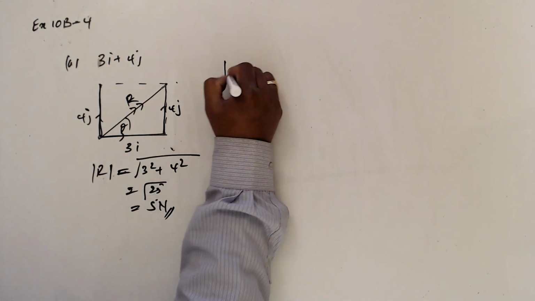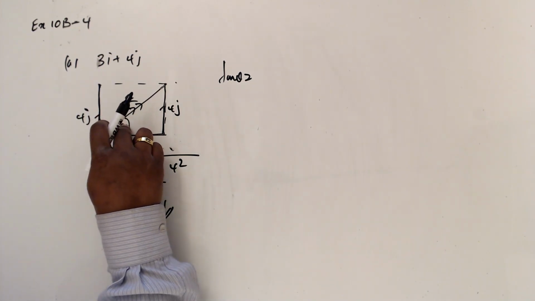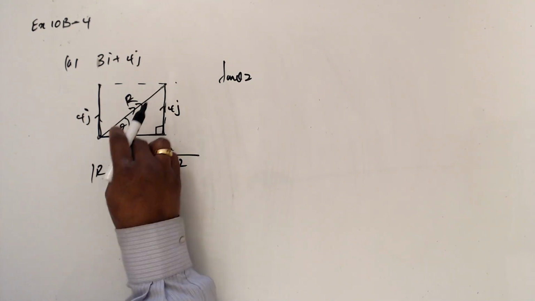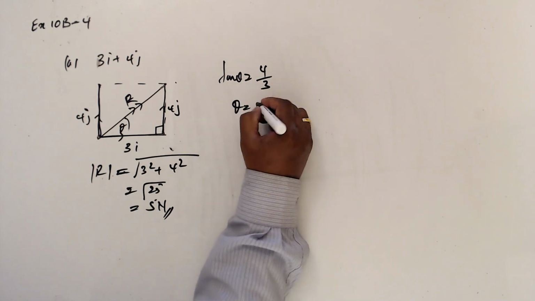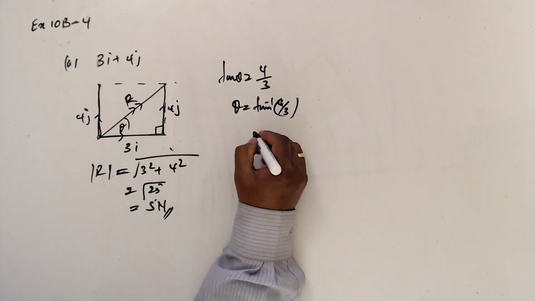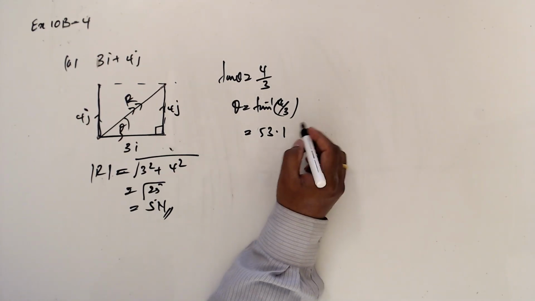And tan theta equals opposite divided by adjacent, so 4 divided by 3. Theta equals tan inverse 4 divided by 3. So this is 53.1.